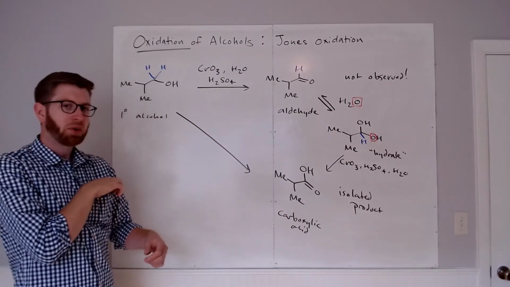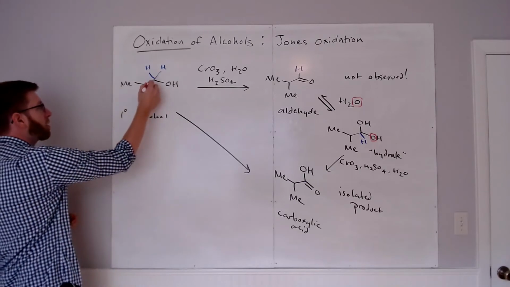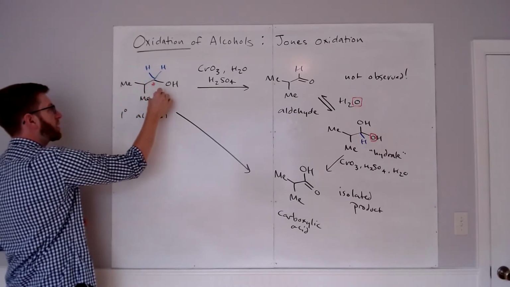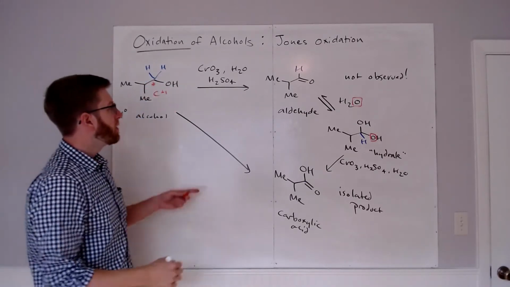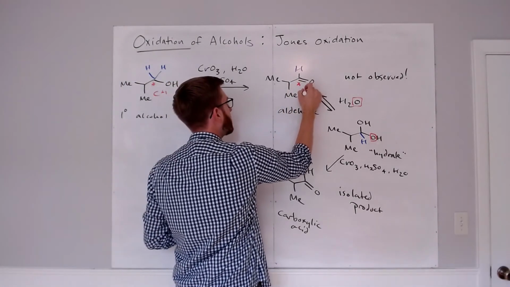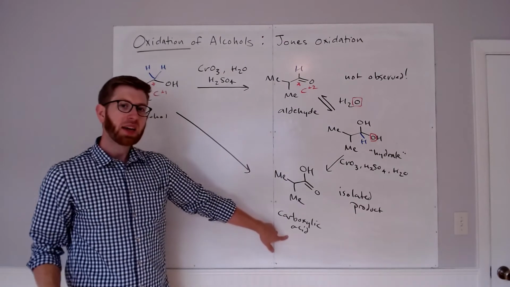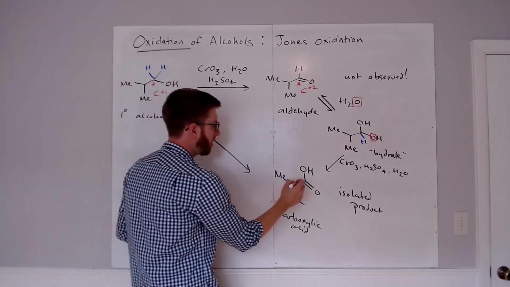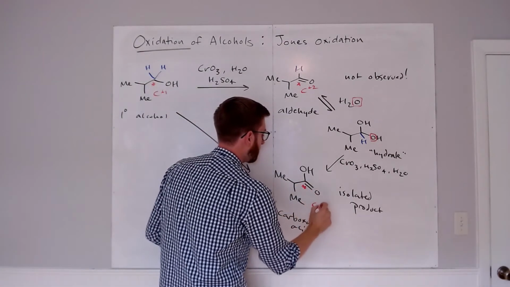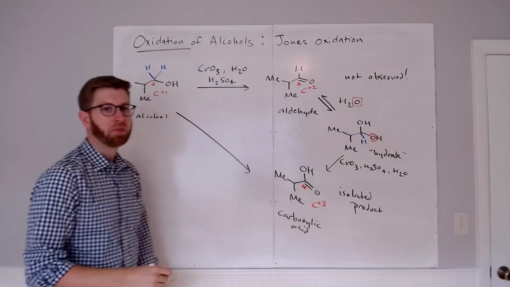So let's look at this from an oxidation level perspective. Our carbon that we're oxidizing here starts out at the C+1 level. In the aldehyde, that carbon is at the C+2 level. But in our carboxylic acid, that same carbon is at the C+3 level.